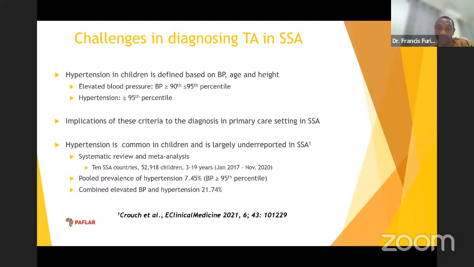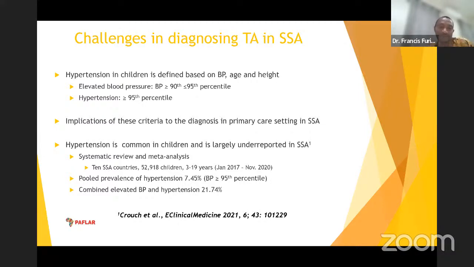To check their blood pressure, you have to get different cuff sizes and make sure they are relaxed. Hypertension is defined as blood pressure above the 95th percentile, while the 90th to 95th percentile is elevated blood pressure, which is definitely not normal. So these criteria make defining hypertension difficult and sometimes challenging.